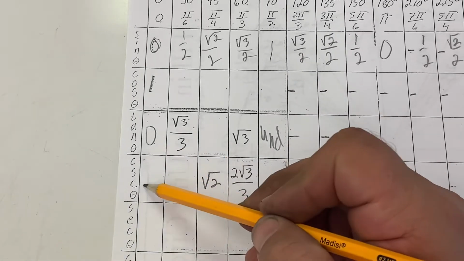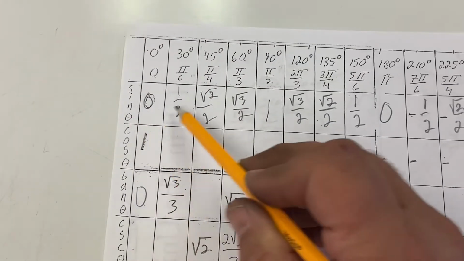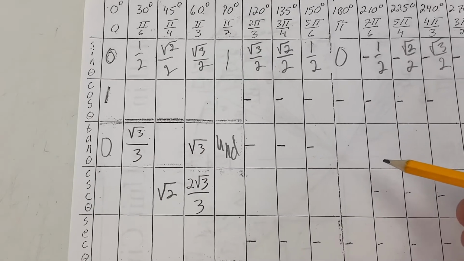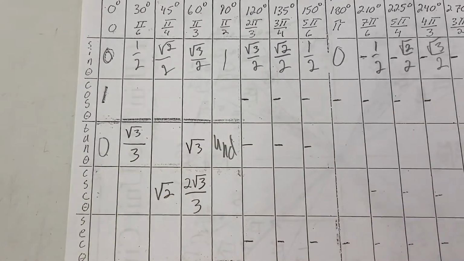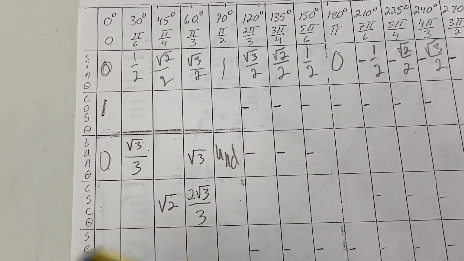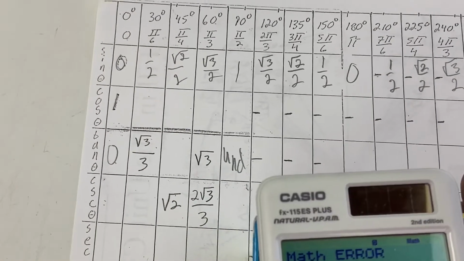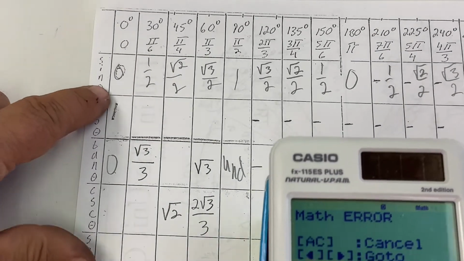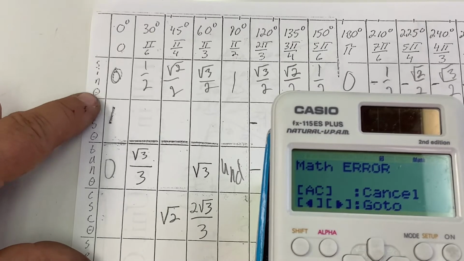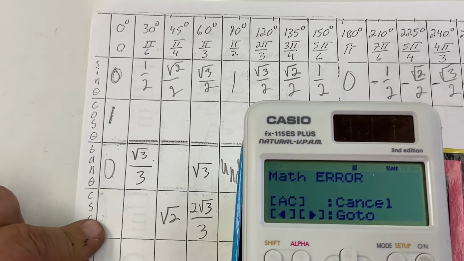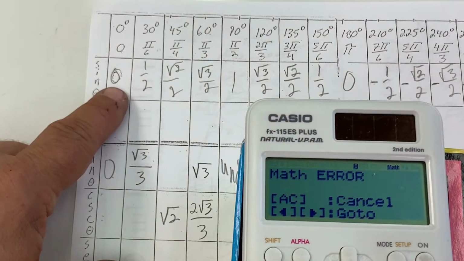Now, to get the cosecant row, you need to have the sine row. So all you're going to do is take a look at the sine row, and I have 0 up here. And I want cosecant, so I'm just going to type in that 0.